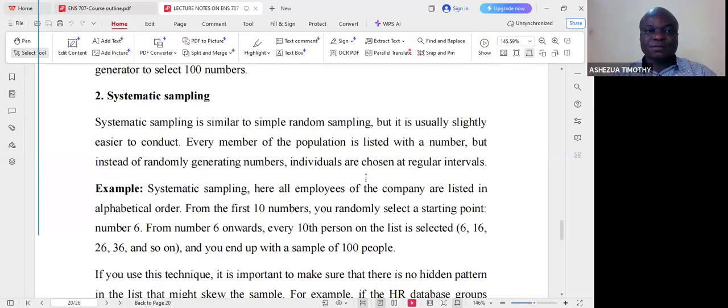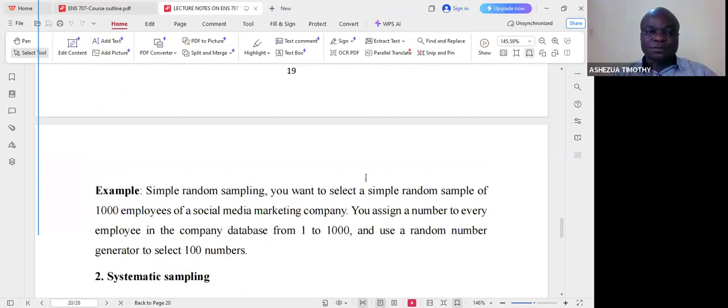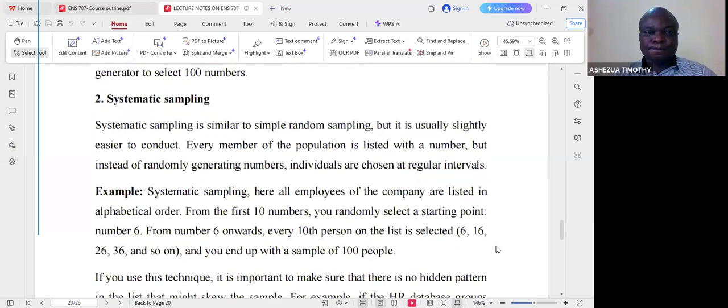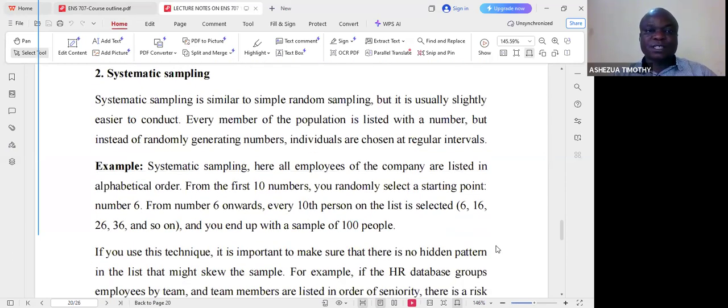An example: we have systematic sampling here. All employees of the company are listed in alphabetical order. From the first 10 numbers, randomly select a starting point, number 6.